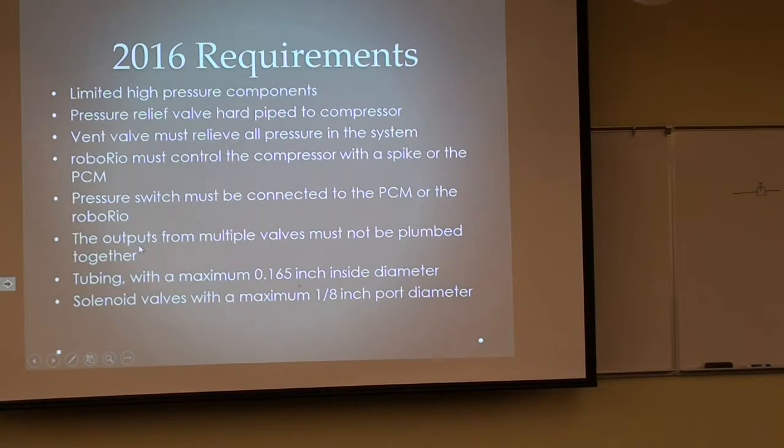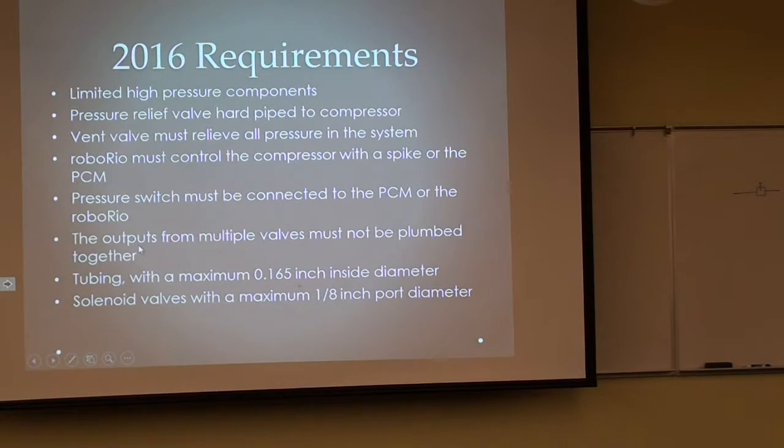Is there any real reason not to just use the PCM? I don't know. I haven't used the PCM. Last year we just used the Spike and the pressure switch. I don't know why, because the controls guy did it, but the PCM is nice, compact, and it does all that stuff for you, so I don't know why you wouldn't. Because it connects via CANbus, right?